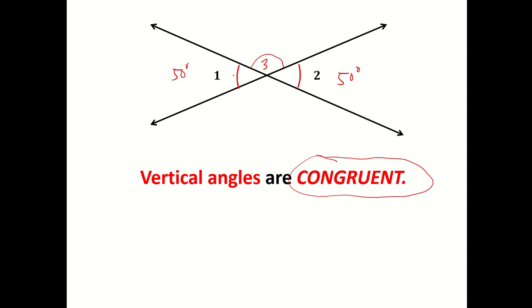So that's also supplementary. So to get angle 3, 180 minus 50, kasi di ba yung supplementary angles sapat 180 sila. So 180 minus 50, that would be 130 degrees. And then kung may angle 4 pa tayo dito, angles 3 and 4 are vertical angles. So if this is 130, this is also 130 degrees.